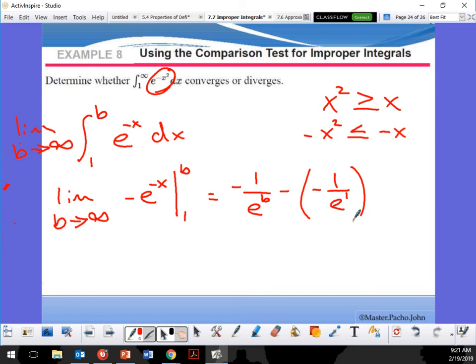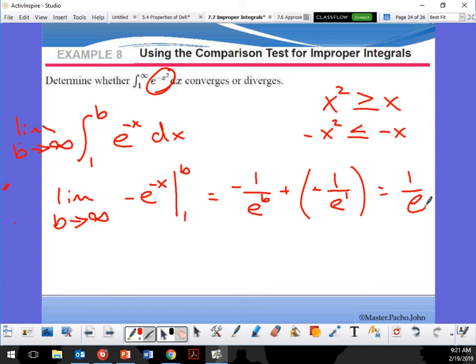So 1 over infinity is 0. So this is going to give me 0 minus a negative 1 over e, so it's going to give me just 1 over e. And is that going to be convergent or divergent? Convergent, because it goes to a number, right?